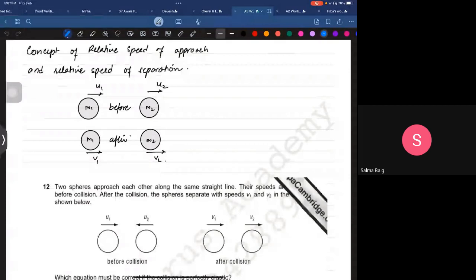For instance, if you're looking for an elastic collision, then you have a simple formula, and that formula is v2 minus v1.